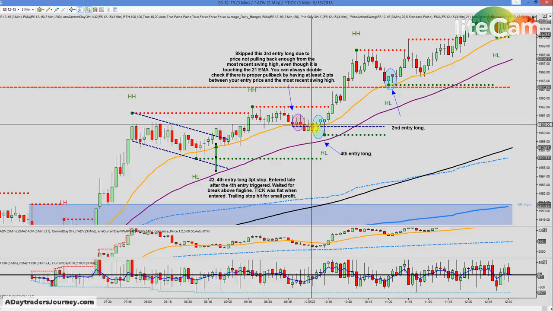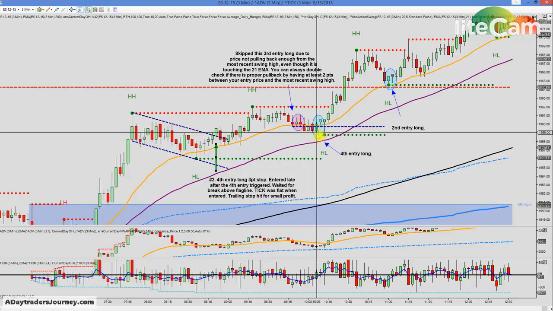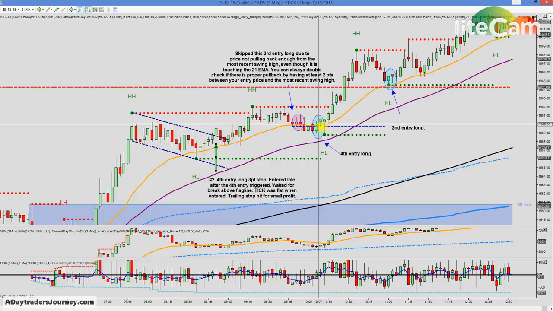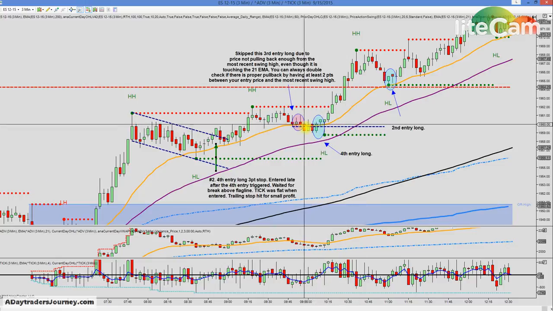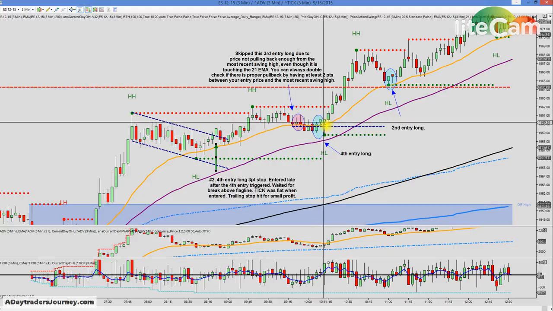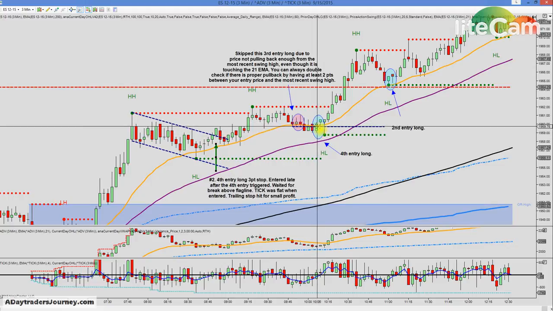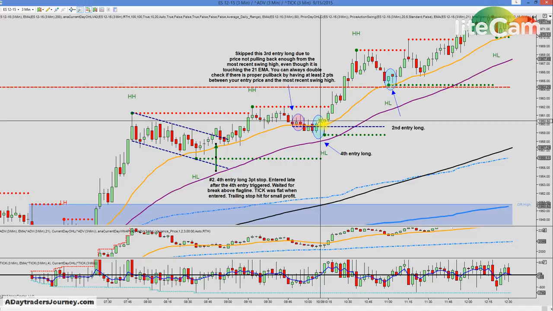So once it broke the support line and you hit your stop, you only want to re-enter that trade if price goes back above that support line, which is this horizontal dashed line. And as you can see here in this blue circle, price went above it and broke above this bullish bar here at 1960.50.